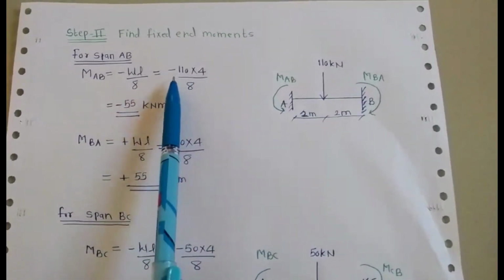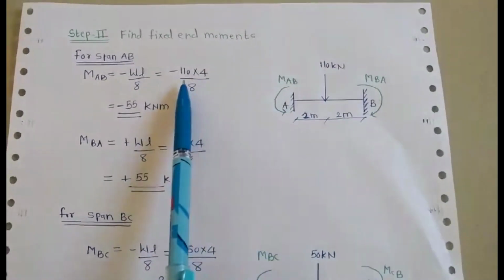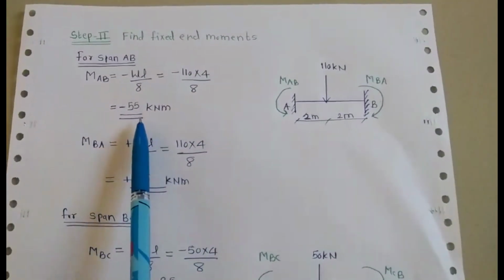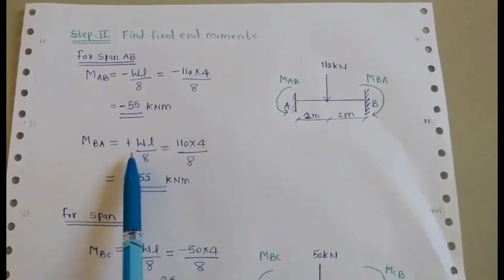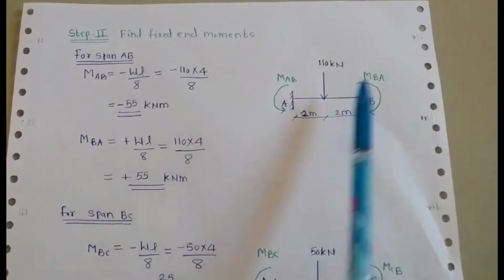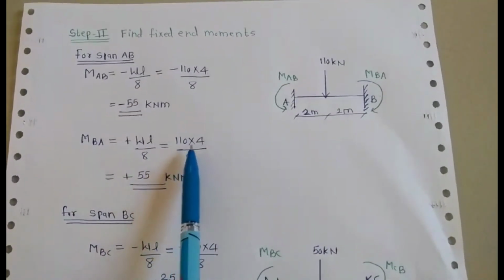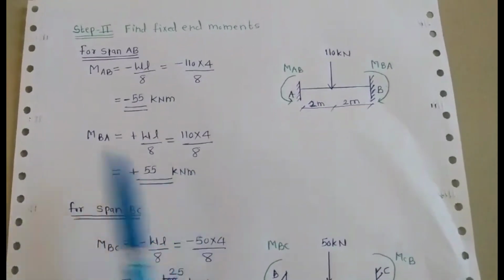So minus W is 110, concentrated load is 110 kN, into 4, that is span, divided by 8, so you will get minus 55 kN meter. Now for MBA, that is WL upon 8, positive sign because of the clockwise movement, so W is 110 into span 4 divided by 8, so you will get 55 kN meter.